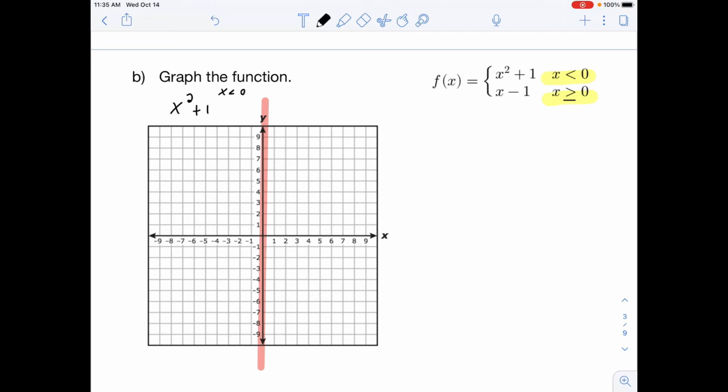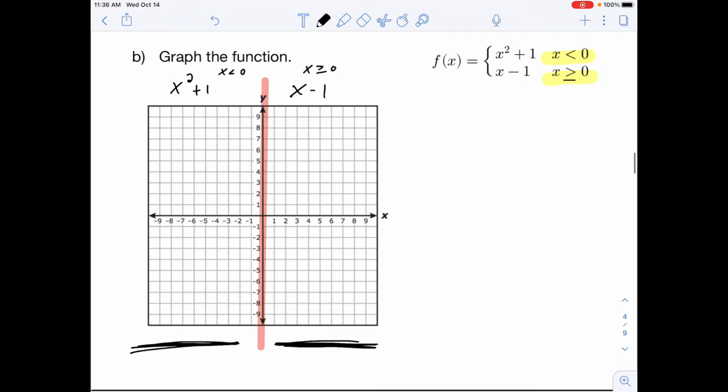That means I only want to graph x squared plus 1 on this left side. That's it. When x is greater than or equal to 0, we want the function x minus 1. Therefore, I only want to graph x minus 1 on the right side of 0. And of course, the bar is going to tell us whether we're including the value or not.